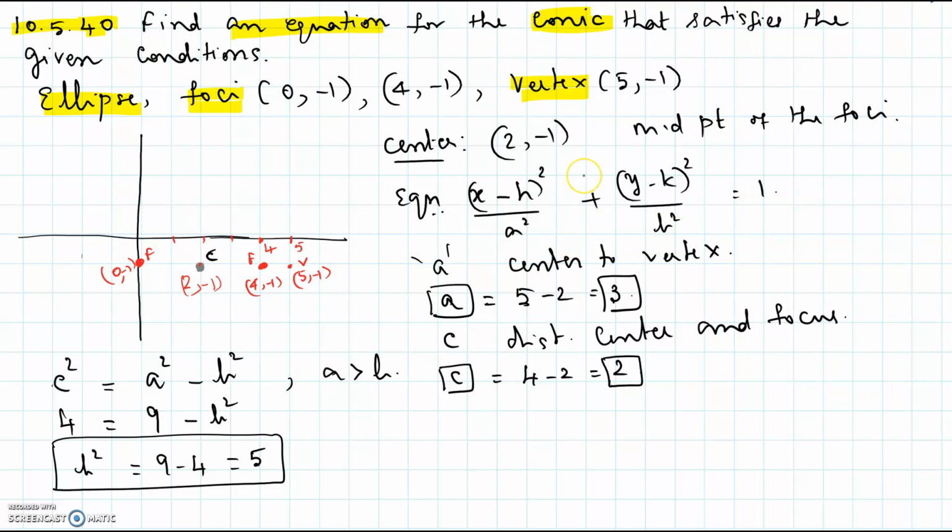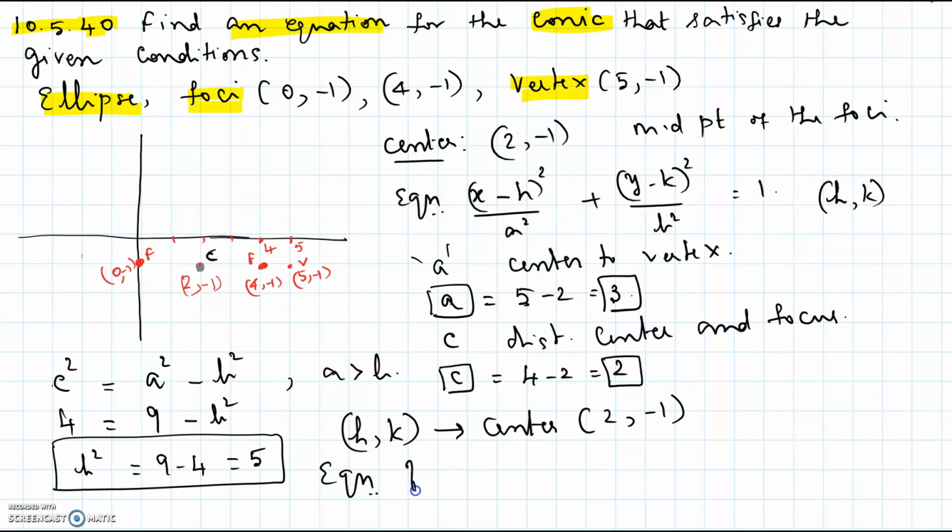Now we can substitute h and k, which is the center of the ellipse that we found to be (2, -1). So h equals 2, k equals -1.